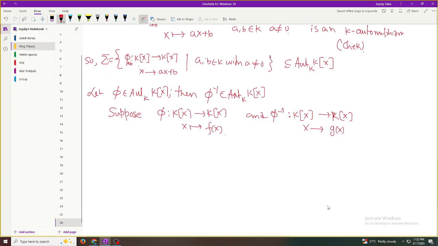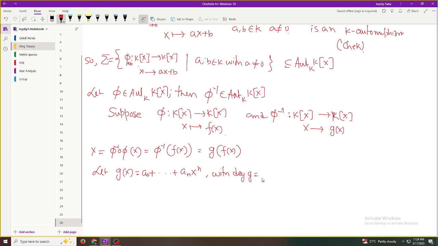So phi inverse composed with phi of x equals x, right? That is, phi inverse of phi(x), meaning f(x), that is g(f(x)). Let g(x) equal a0 plus ... plus a_n x to the power n with degree g equal to n.